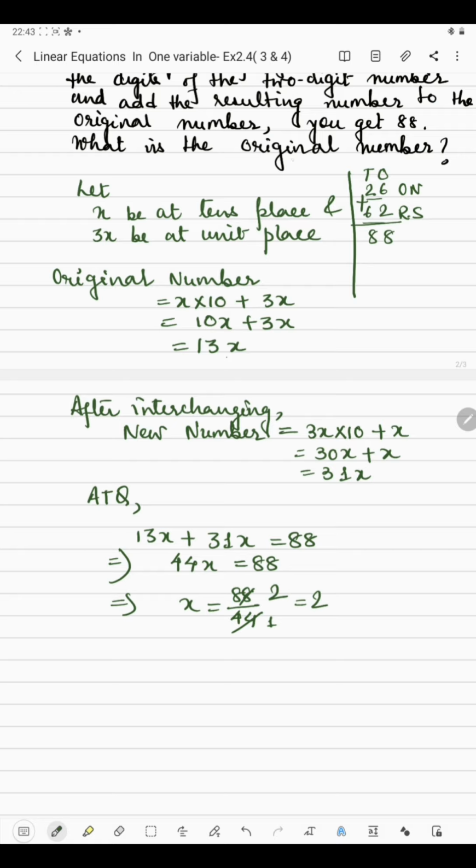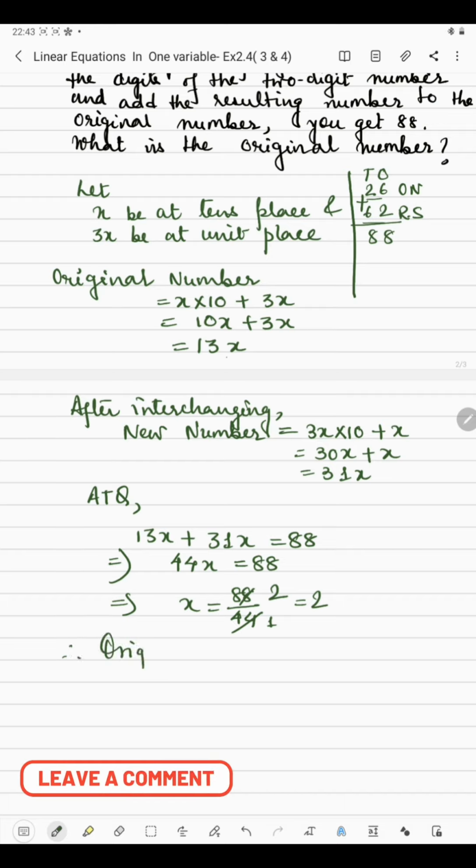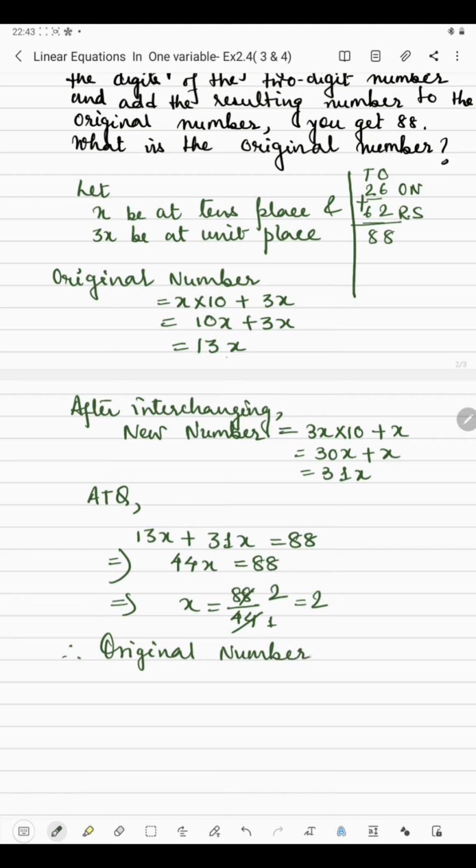Now here it is asked, what is the original number? Here the original number we have considered: x is at tens place, 3x will be at unit place. So the original number will become: x is at tens place, so in the x place it will be 2, and 3x we have considered at unit place.